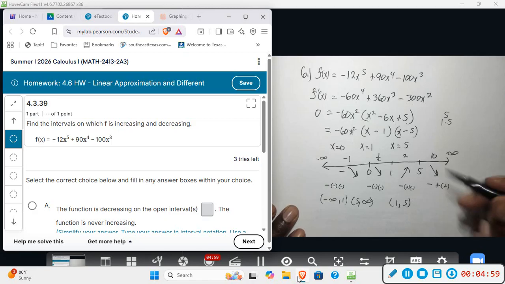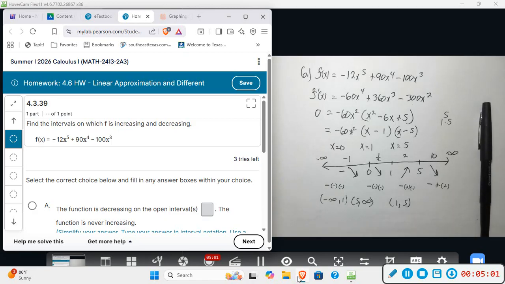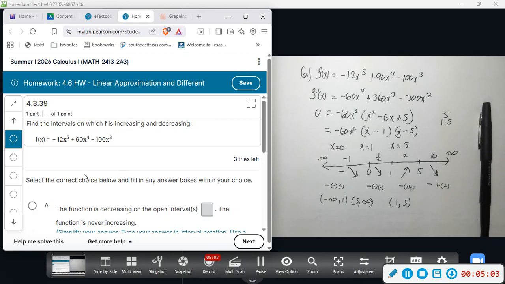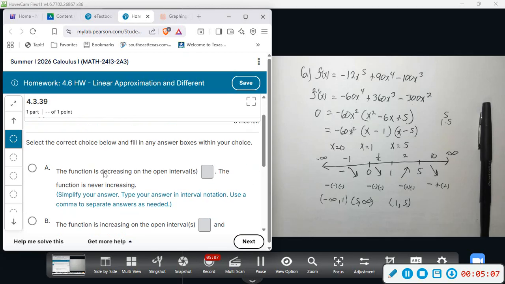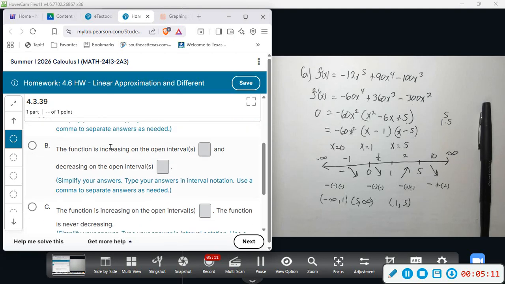All right. A function is decreasing on the interval, the function is never increasing. Function is increasing, decreasing on.